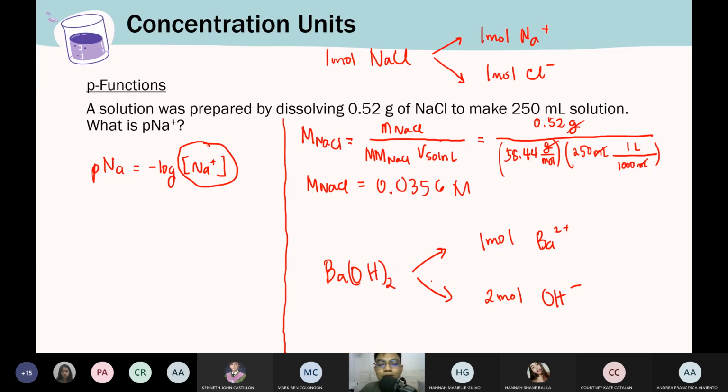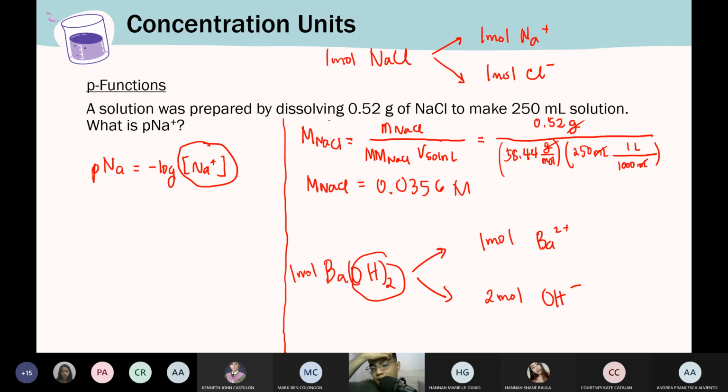That is important. You should not just plug in whatever concentration you have. Look at the stoichiometry. When I say stoichiometry, check whether the amounts of your chemicals, the amounts of ions in this case, are correct. For example, in barium hydroxide, you have 2 OH per mole of barium hydroxide, because there are two OH in its formula.